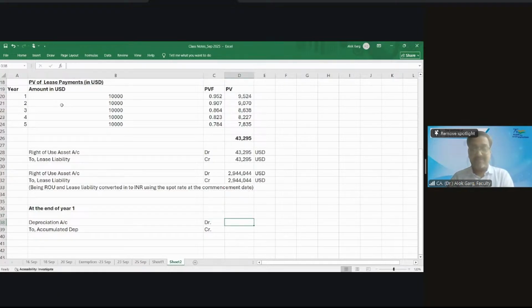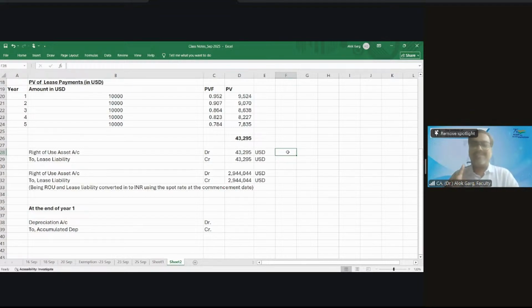What should be the value? The lease term is 5 years. 29,44,044 divided by 5. So let me confuse you.